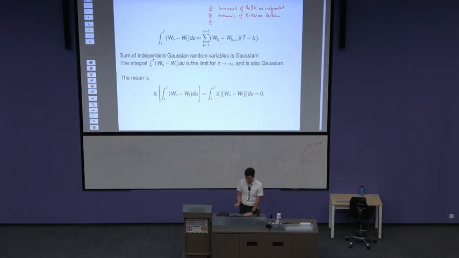The sum of independent normal distributions is again a normal distribution. Okay. And this means the object on the right-hand side is normal. So what we have here is normally distributed with some mean mu and sigma.